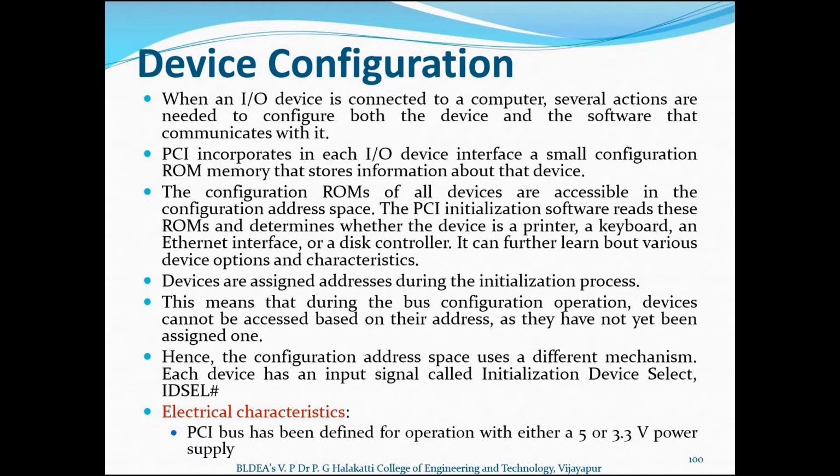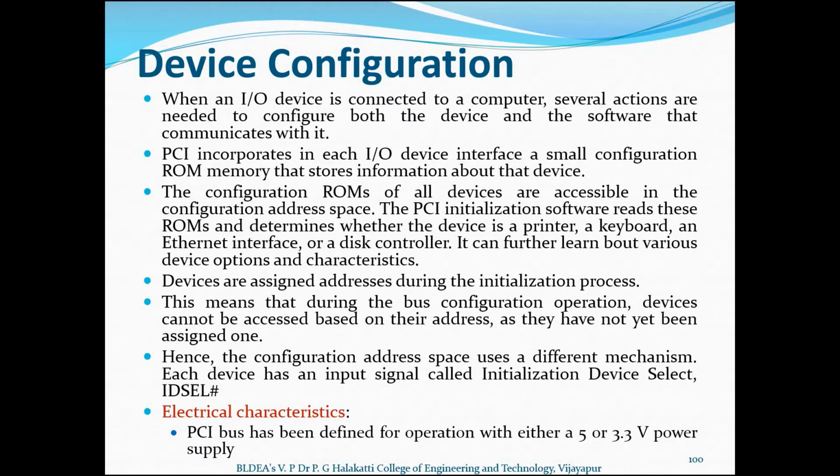The configuration ROMs of all devices are accessible in the configuration address space. The PCI initialization software reads these ROMs whenever the system is powered up or reset. It checks whether the device is a keyboard, printer, disk controller, and so on.